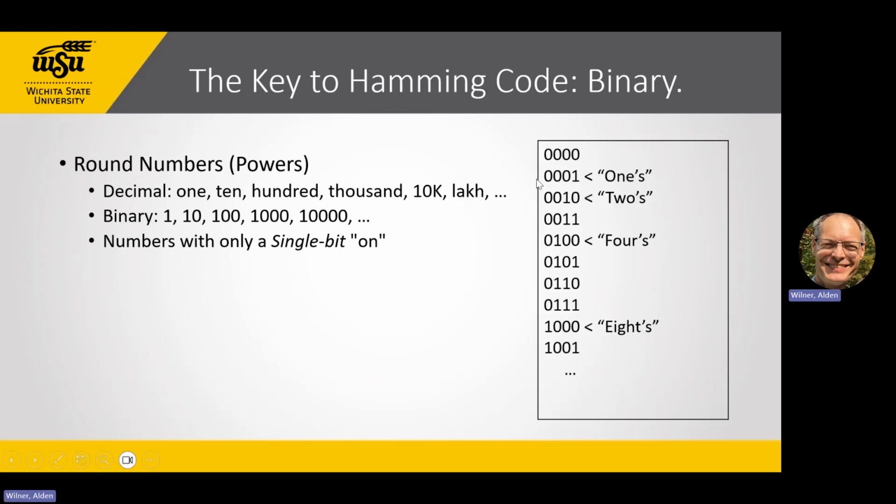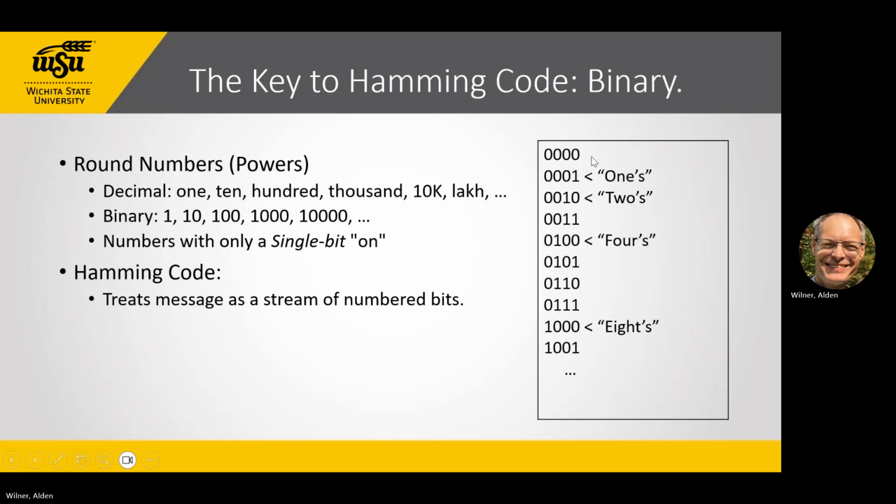So what Hamming did was he treats the message as a stream of numbered bits starting at 1, 2, 3, 4, 5, right? And if he's going to start with the overall parity check bit, he's going to start at bit 0. So Hamming 7,4 starts with 1, 2, 3, 4, 5, 6, 7, and stops. There are 4 data bits and 3 parity bits.